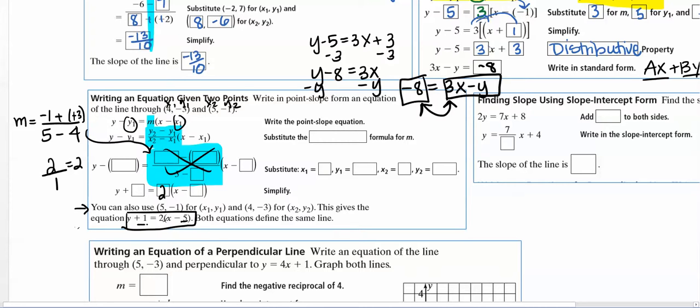See the 5 and the negative, negative 1 turned into a positive 1 there? You get this answer. If we plug in 4 and negative 3, you're going to have a 4 there and a 3 here because it'll be a negative 3, which will cancel. So this answer and this answer are equivalent, and you can tell that they're equivalent if you were to put them into slope-intercept form. You'd get the exact same thing.